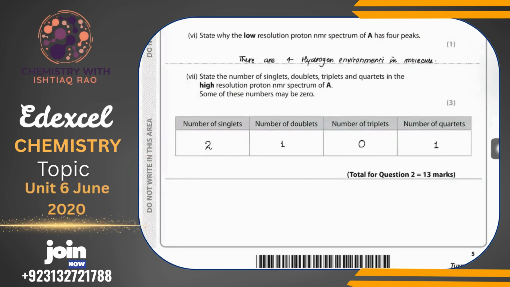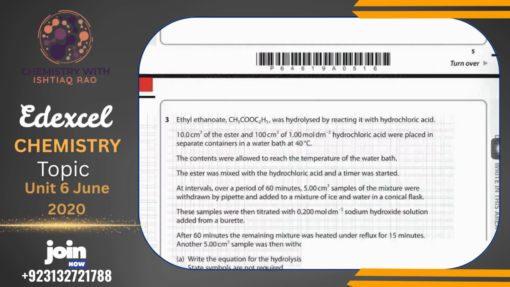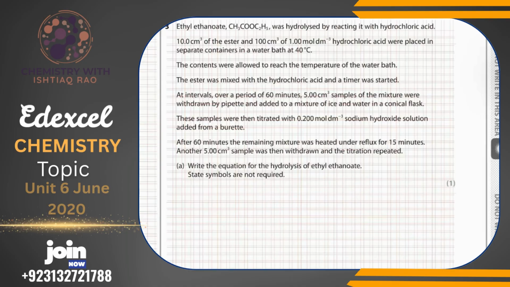Ethyl ethanoate was hydrolyzed by reacting with HCl. 10 centimeter cube of the ester and 10 centimeter cube of hydrochloric acid were placed in separate containers in a water bath at 40 degrees Celsius. The contents were allowed to reach the temperature of the water bath. The ester was mixed with the hydrochloric acid and the timer was started. At intervals over a period of 60 minutes, 1 centimeter cube samples of the mixture were withdrawn by pipette and added to a mixture of ice and water in a conical flask.